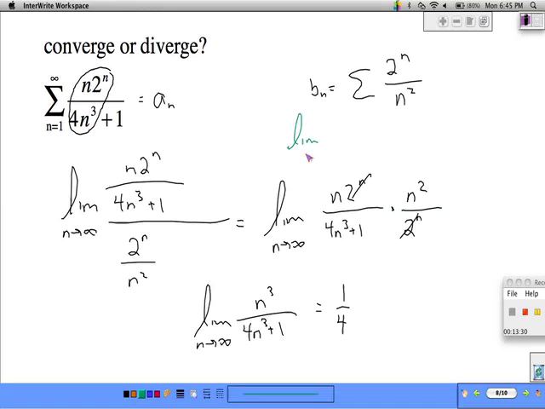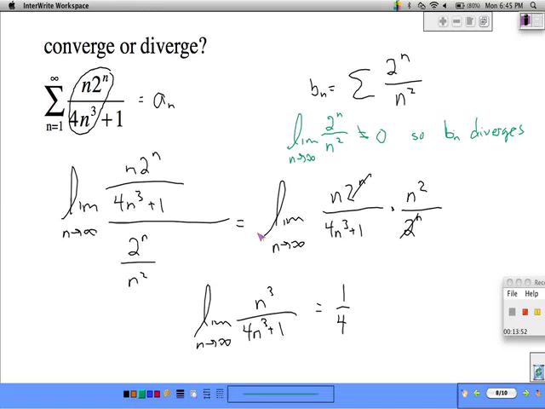And if we look at this rule, as n goes to infinity, the limit does not equal 0. So b sub n diverges.